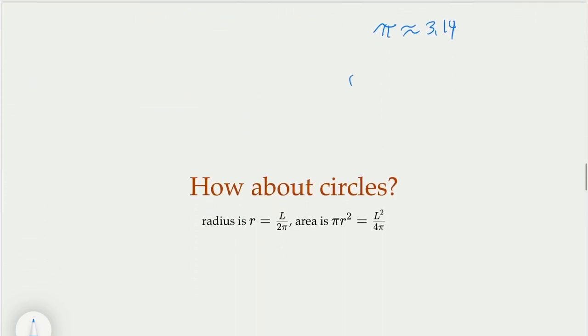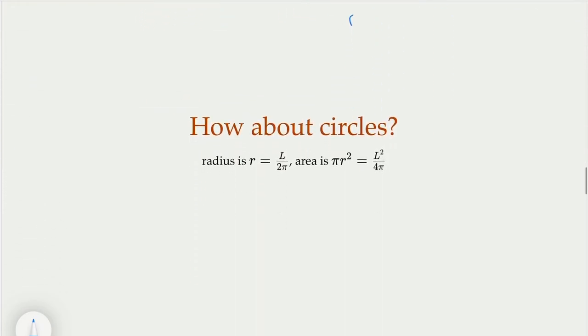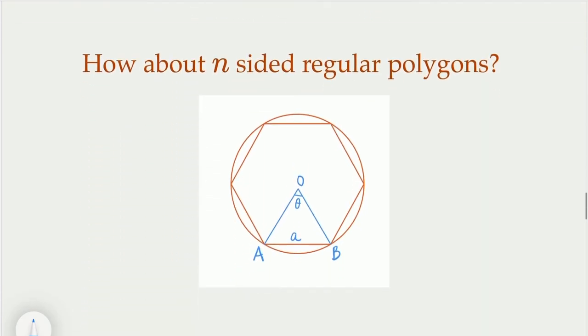Now, this is the result for the circle. How about the n-sided polygon? Here I have a 6-sided polygon. Notice that here I mark it theta.